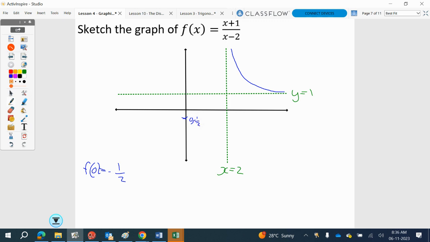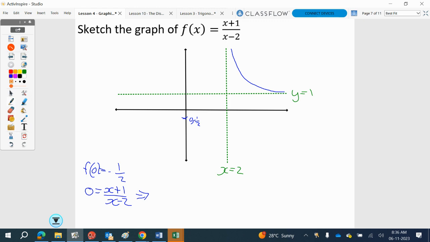What about the x-intercepts? What is the y value on the x-intercepts? 0. So watch what happens here. It's pretty easy too. So we've got x plus 1 over x minus 2, like this. What happens if I times both sides by the factor x minus 2?